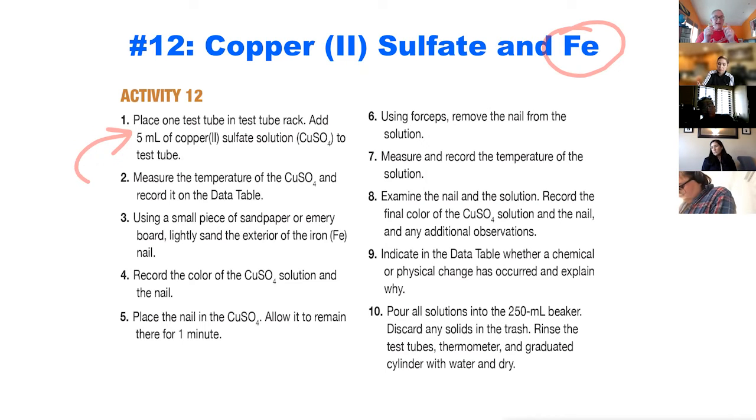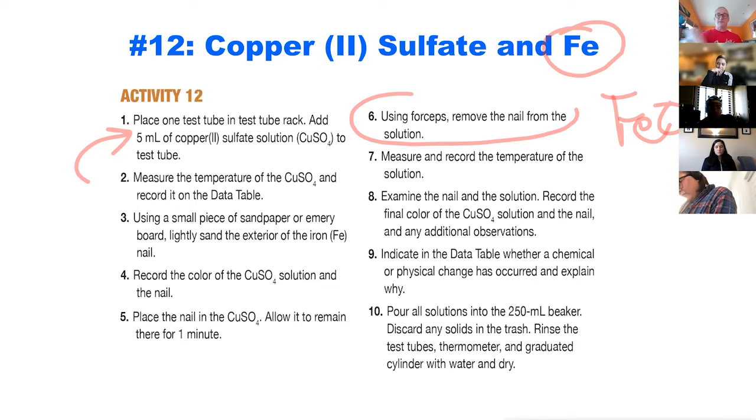Again, if the nail is really dark in color, it has iron oxide on the outside. So you might want to polish it up a little bit so it's a little more shiny, and then dump that in there, look at the change in color, and then take your forceps to remove the nail out. Again, look at measuring the temperature of each one.